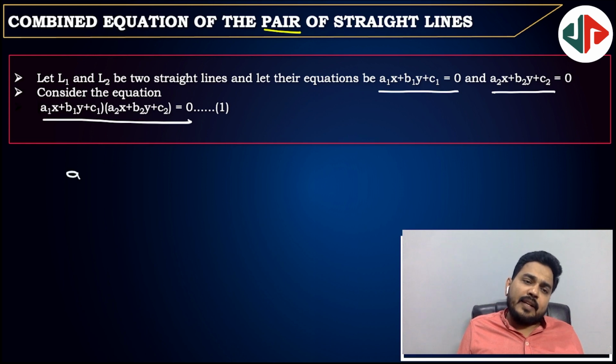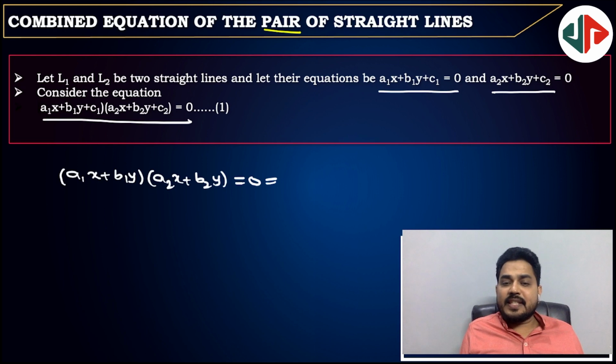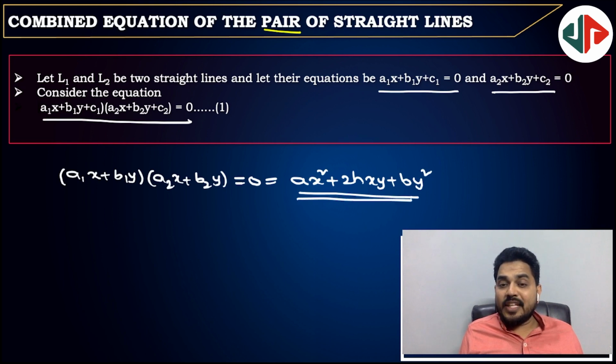A1x plus B1y is a line passing through the origin, and A2x plus B2y is another line passing through the origin. Their combined equation gives ax square plus 2hxy plus by square. It can be real, it may be imaginary, depending on the discriminant, h square minus ab.